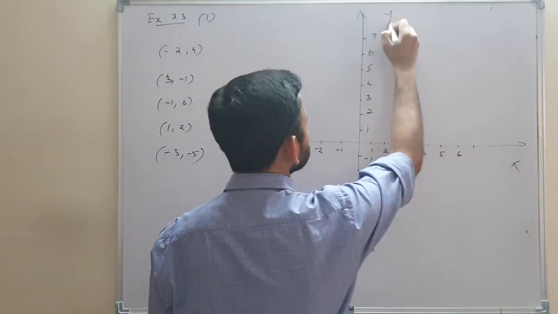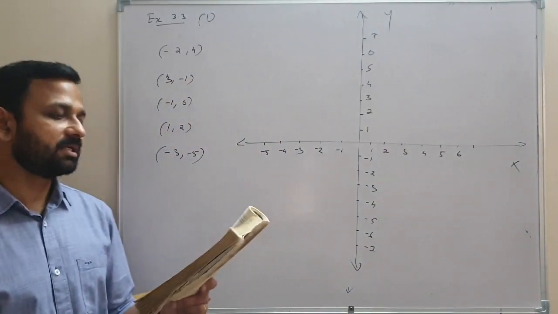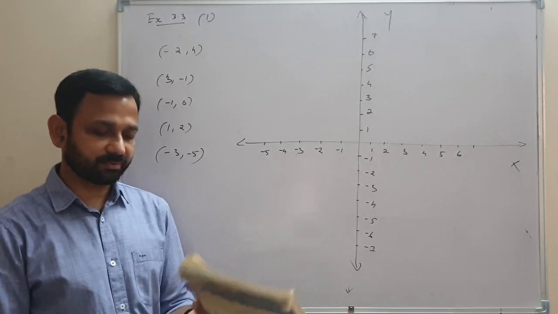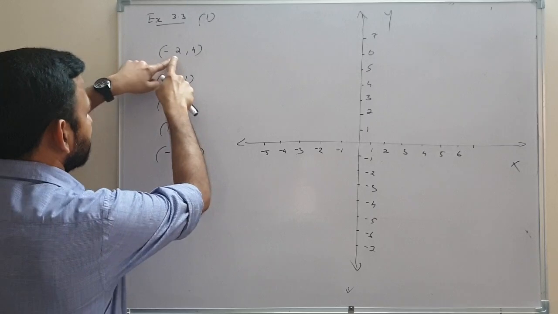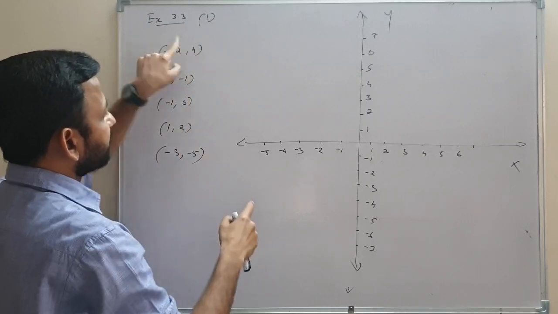This is the x-axis, this is the y-axis. The first point is (-2, 4): the x coordinate is negative and the y coordinate is positive.